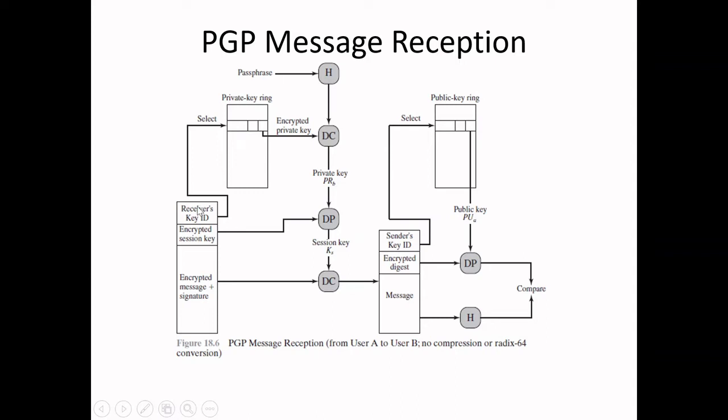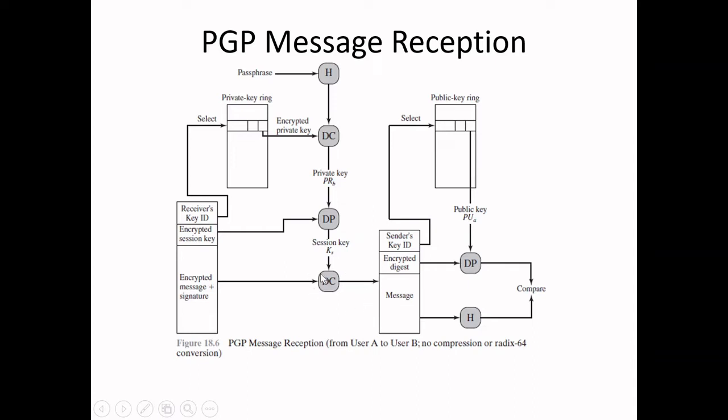You have got the key ID, you index into the private key ring, and from there you get the private key, which is again in encrypted format. So you get a passphrase, generate the hash value, and decrypt it to get the private key of the recipient, the private key of B. This private key of B is used to decrypt the session key, and once you get the session key, you can decrypt the message.